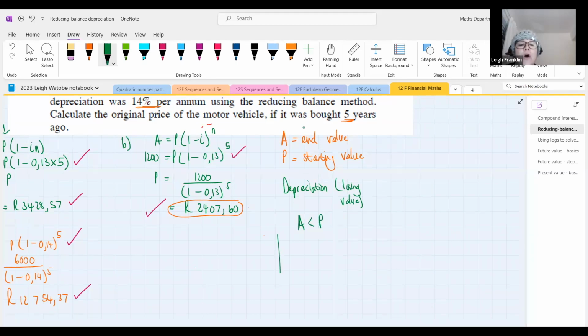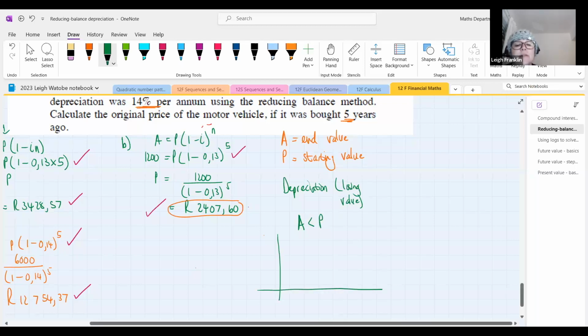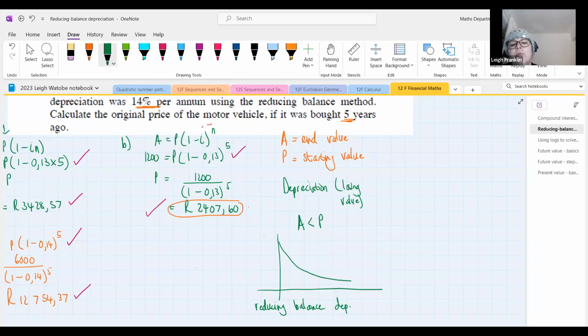So a graph describing reducing balance depreciation. Your object would start off up here, and then over a period of time, it would go down, like the car that I was talking about.